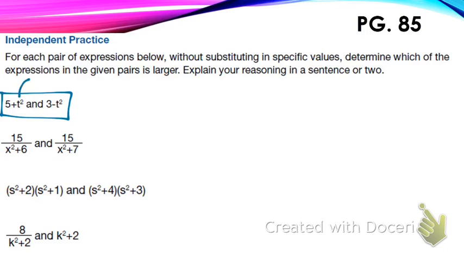Yeah. What kind of number will I always get when I square something? What does it mean to square something? Multiply the same number by itself.